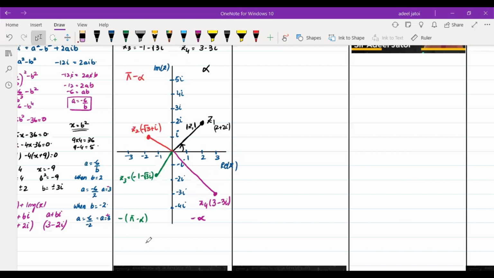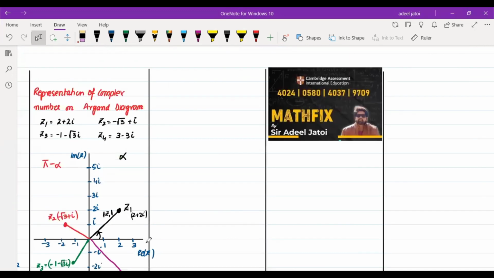Now, there are 2-3 things that you need to work upon. That means your modulus of Z, right?